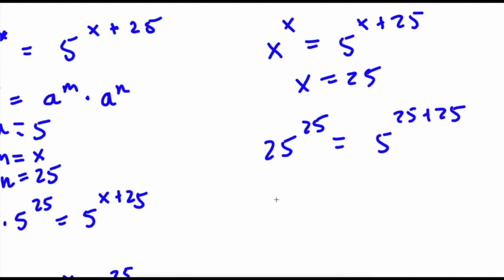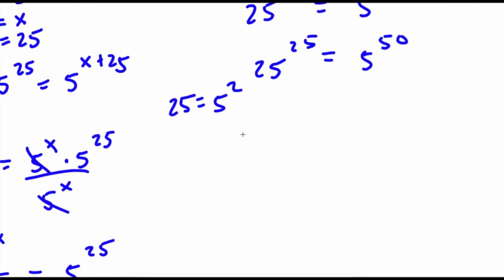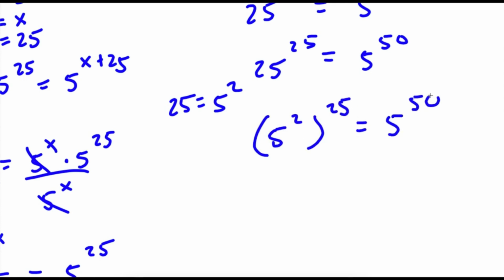Now 25 plus 25 is 50, so now 25 to the power of 25 is equal to 5 to the power of 50. Now 25 here, this is the same thing as 5 squared. So now I'm going to replace 25 with 5 squared, so now I have 5 squared to the power of 25 is equal to 5 to the power of 50.